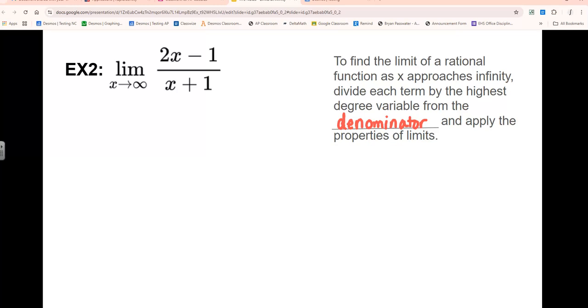So, in this case, in my denominator, I only have an x. Its degree is 1, but that is my highest degree. So what I'm going to do is divide every single term by x.